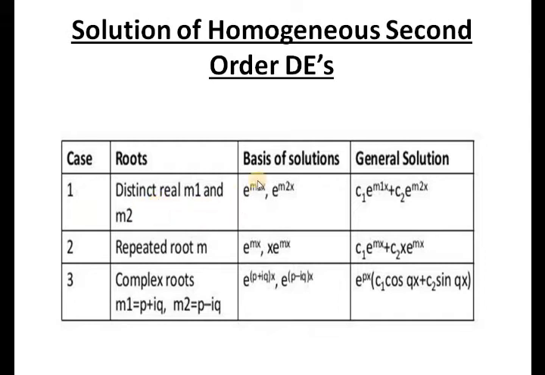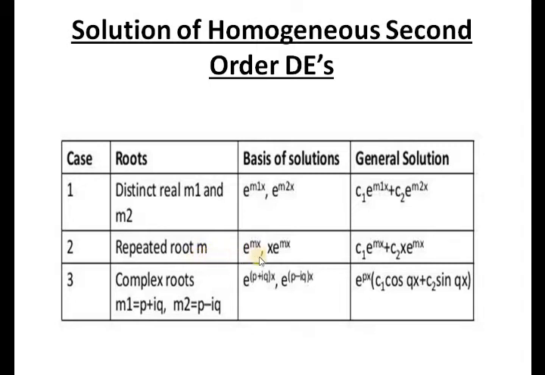So, we get the basis of the solutions as e raised to m1x and e raised to m2x, and the solution will be c1 e raised to m1x plus c2 e raised to m2x. Then the second case is if we have a repeated root, that is the values of m1 and m2 are the same, which we represent by m.